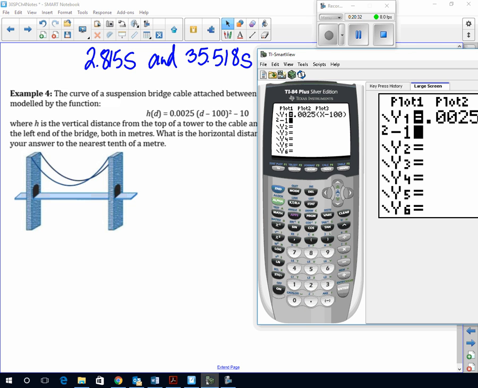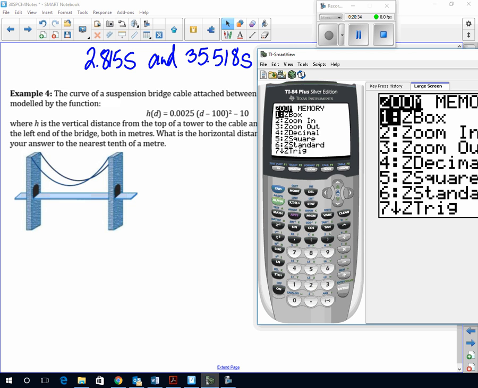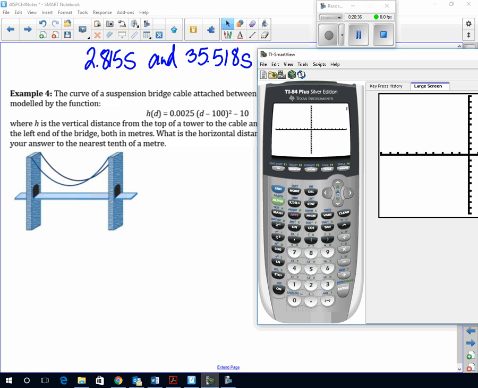So here's a clue of what's going to happen. What's my vertex? 100, negative 10. Is this a minimum or a maximum? It's a minimum. So at 100, negative 10, I'm at a minimum.